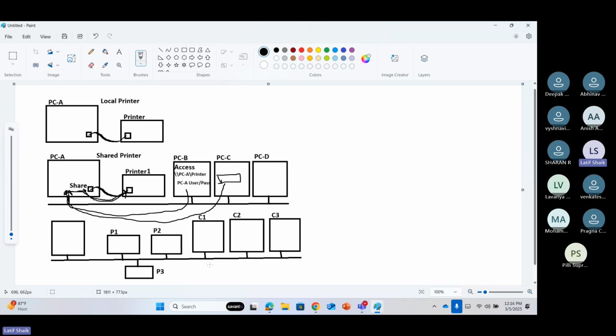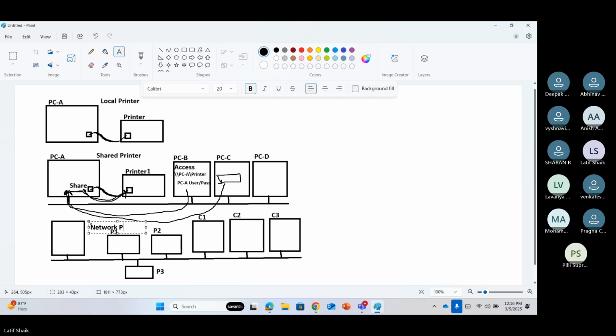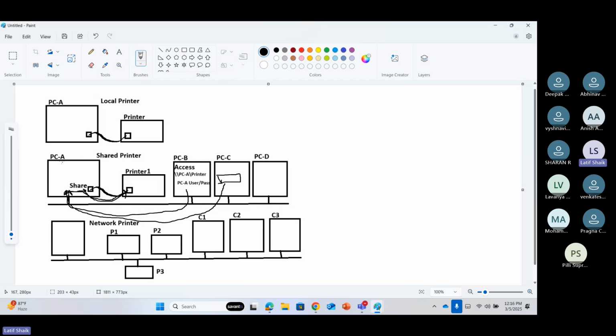Okay. The printers are directly connected to the network. So these are the network printers. What is a network printer? The printer is directly connected to the network, and the printer has an IP address just like every system. So people don't need to depend upon the PCs here.